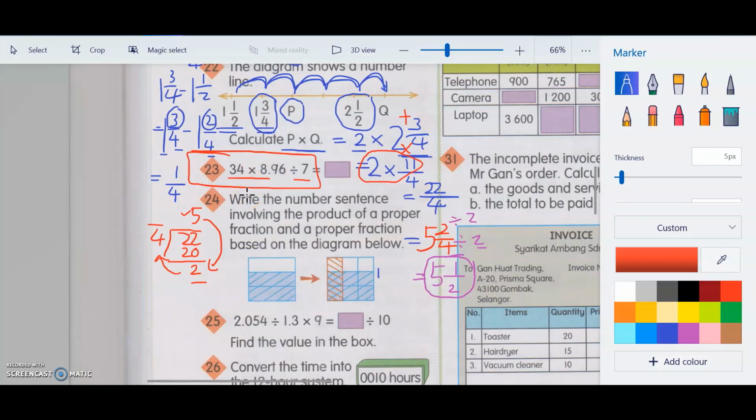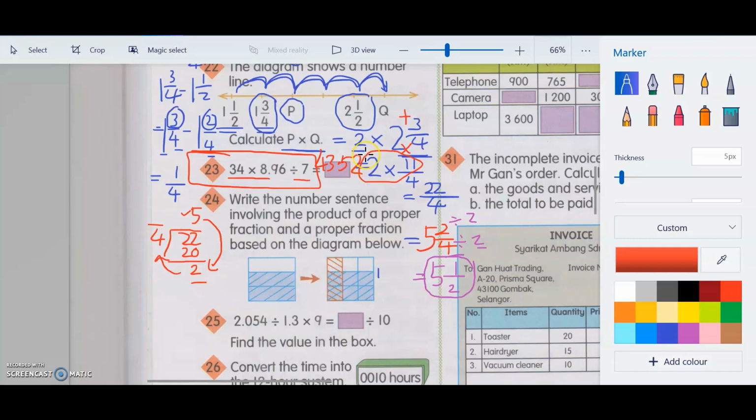So 34, you times 8.96, you get 304.64, and then you divide by 7, you get 43.52. So your final answer for question 23 is 43.52.